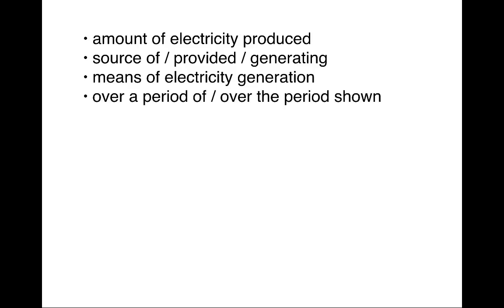I also used the word power instead of electricity all the time. Also, means of electricity generation. Instead of the years between and or from and to 1980 and 2012, I wrote over a period of, or over the period shown. Those are good phrases to use for the years.